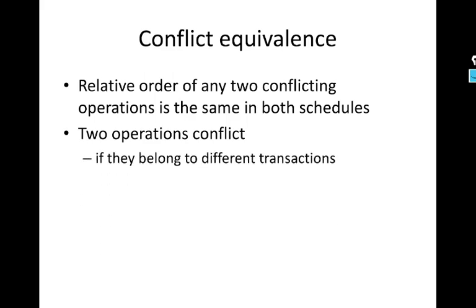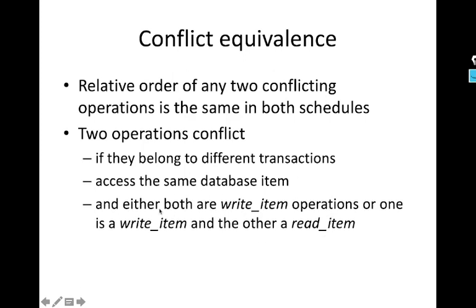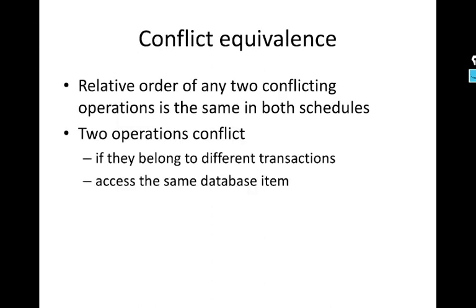Two operations conflict if they belong to two different transactions, access the same database item, and either both are write operations or one is a write item and the other is a read item. Okay.